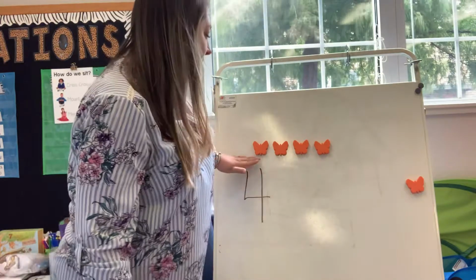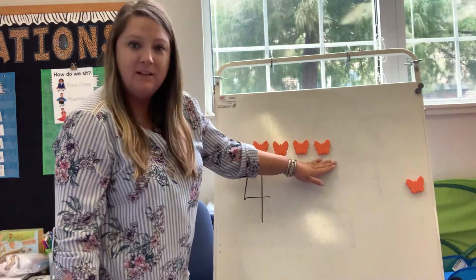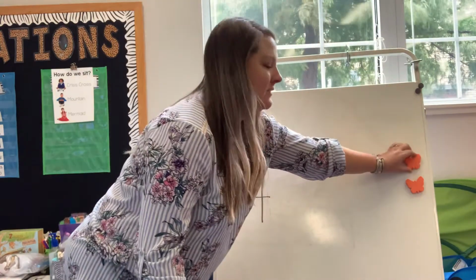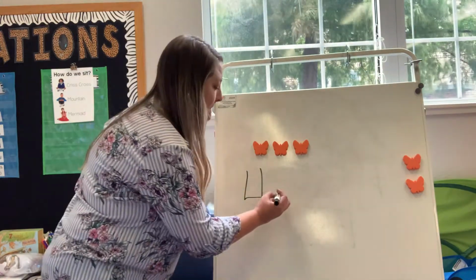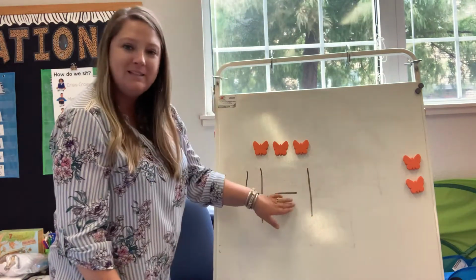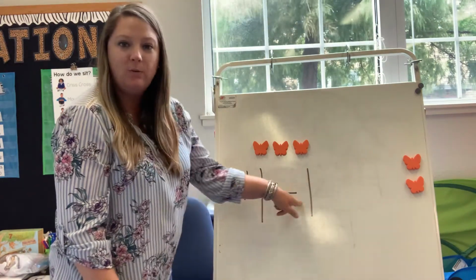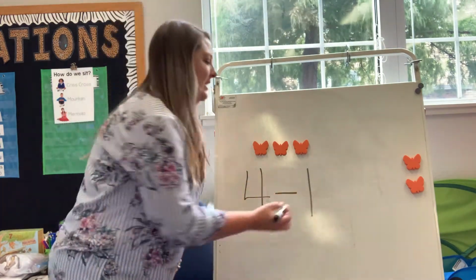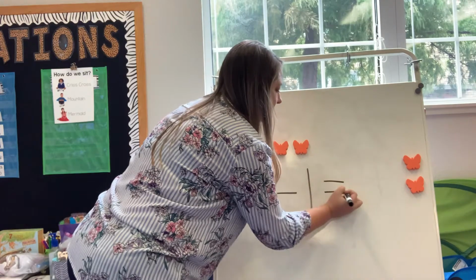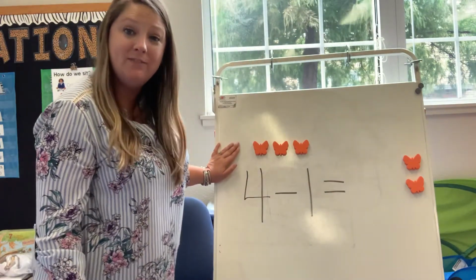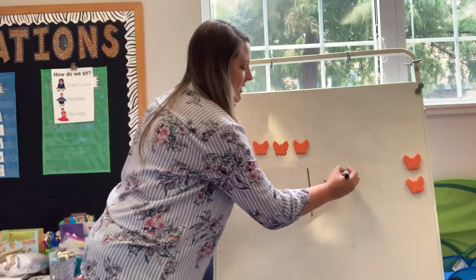So I saw 4 butterflies, but 1 of them went away. Remember, 1 went away. So I'm going to say minus 1. Minus 1. 1 went away. 4 minus 1 equals, how many butterflies do I have now? 3 butterflies. 3 butterflies are on the playground now.